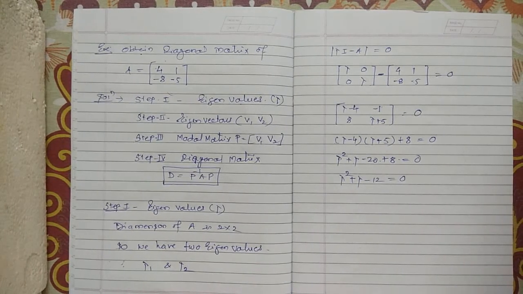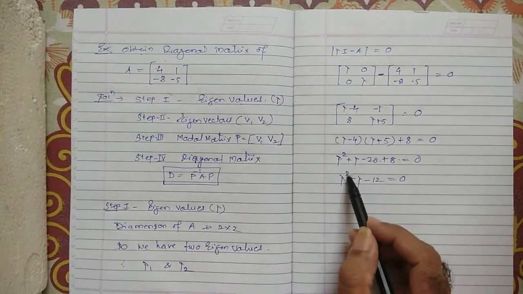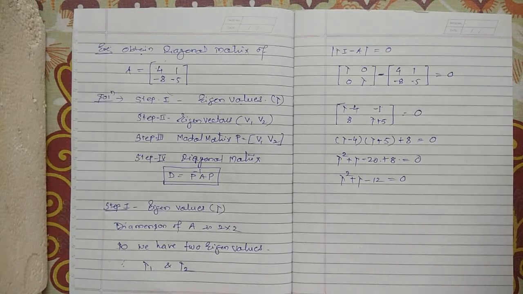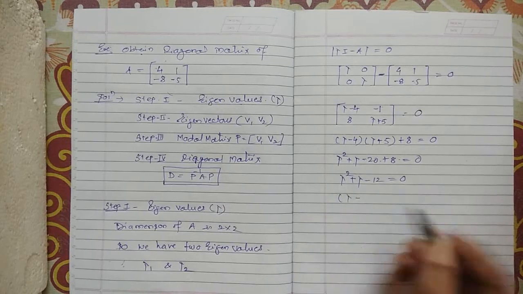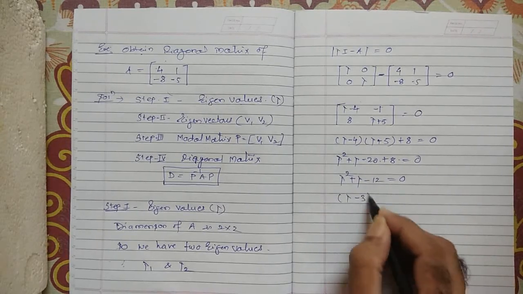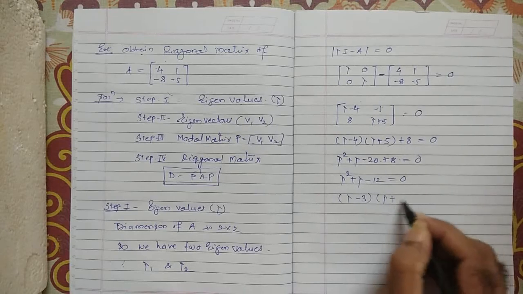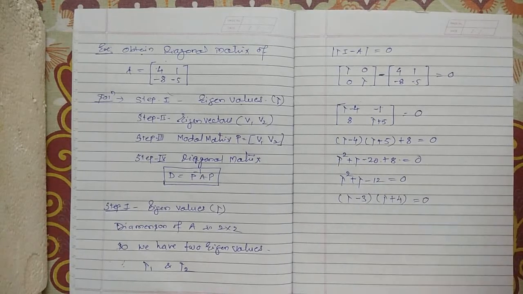Now lambda square plus lambda minus 12 equals 0. Now we will find the roots of this. So this becomes (lambda minus 3) into (lambda plus 4) equals 0.